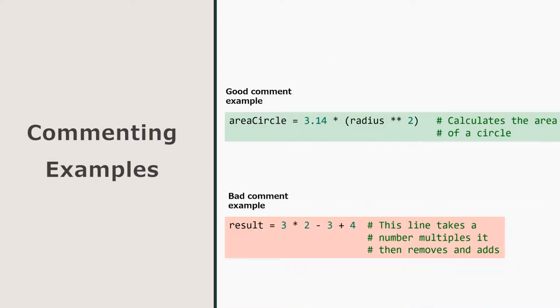So here's a couple more examples because this is very important. The above example is very good because it tells you what's happening, not the how, but what's happening. So that top line is calculating the area of a circle. The area of a circle is just pi times the radius squared. Now, really quick side note, in Python, you could do powers very easily by just doing asterisk asterisk.